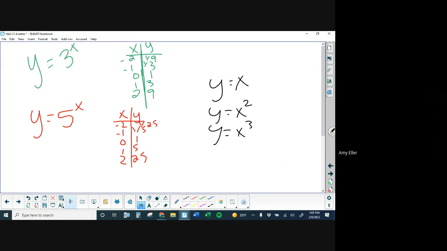These all have exactly one parent function and it's listed right there. Exponentials have different ones depending on what the base is. So any number is a new parent function.